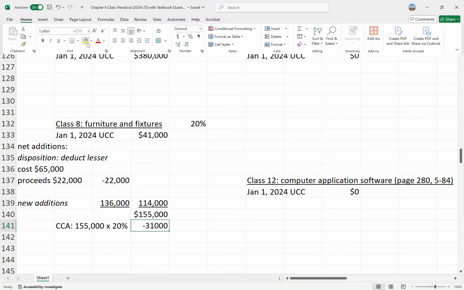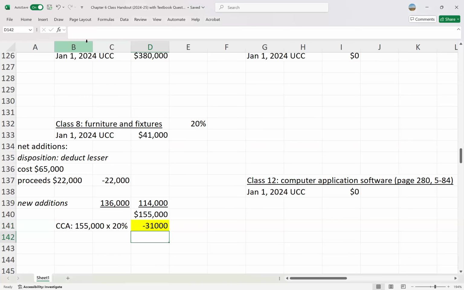So once again, a little bit of a review. It's been a while. It's been 2 weeks since we did chapter 5. But if we sell a depreciable asset that we are taking CCA on, we deduct the lesser of cost or proceeds. Any new additions, we add that as well. The subtotal of that is known as our net additions.